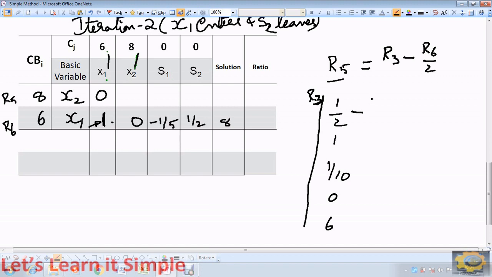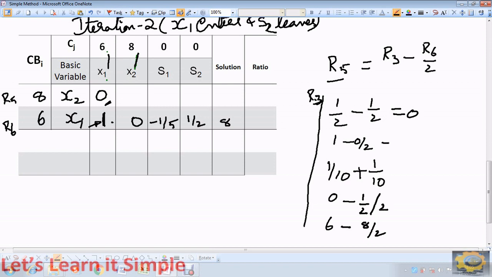So R6 is 1 by 2 minus 0 by 2, minus of minus, it will be plus 1 by 5 by 2, it will become 1 by 10, and this is 0 minus 1 by 2 by 2. So this will be 6 minus 8 by 2. So this will be 0, done here.